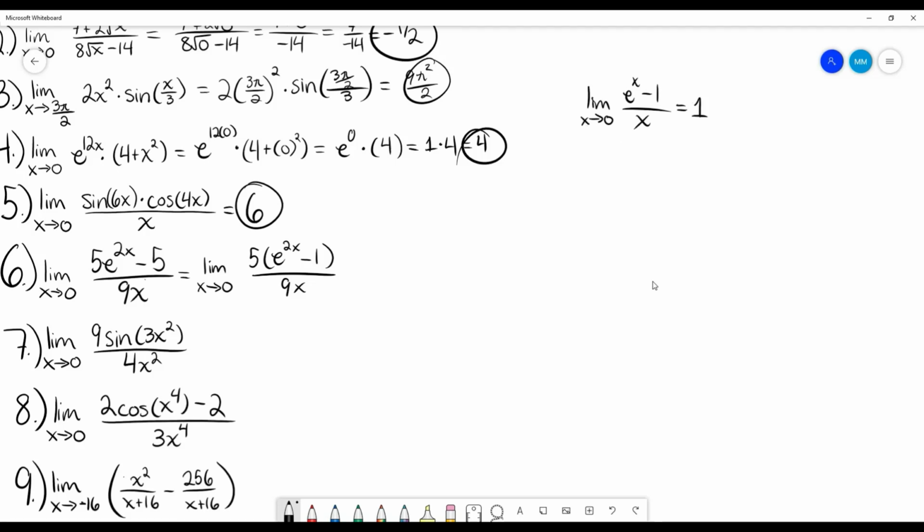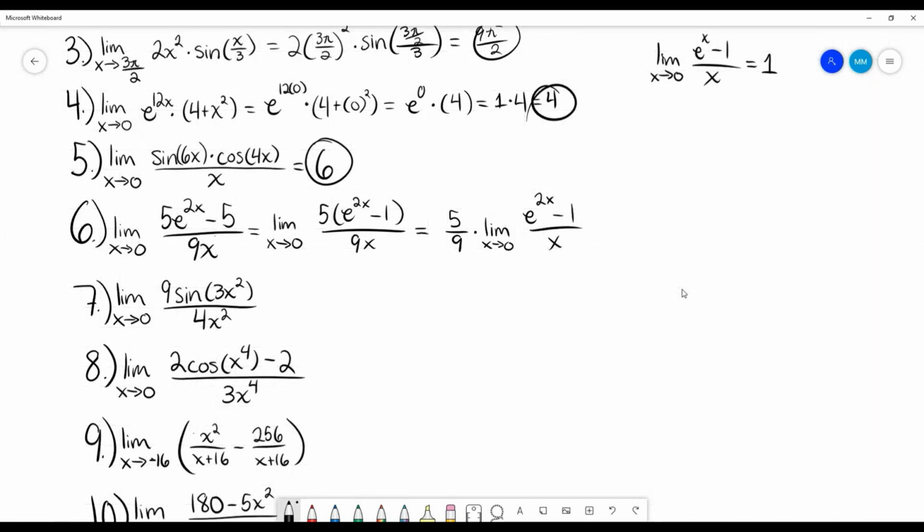So I'm going to rewrite this as 5 over 9 times the limit of what's left. We've got that e to the 2x minus 1 over x. And it's almost in that form now, isn't it? Except we've got a 2x up here.